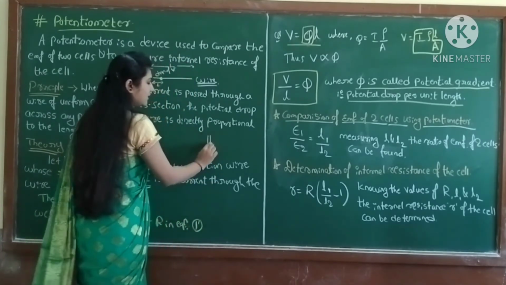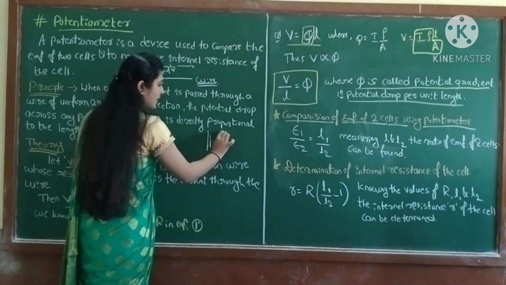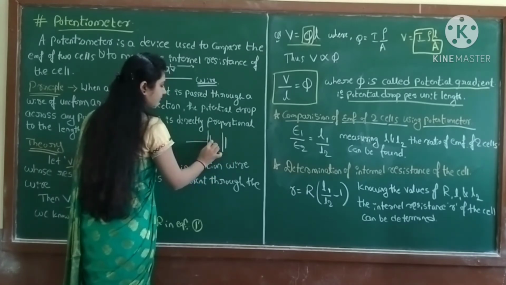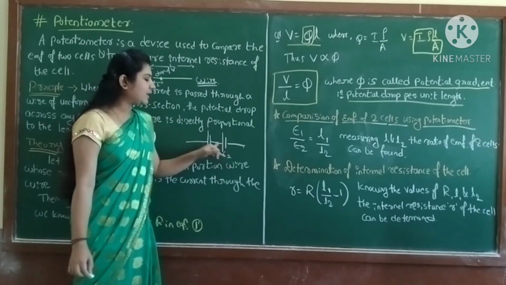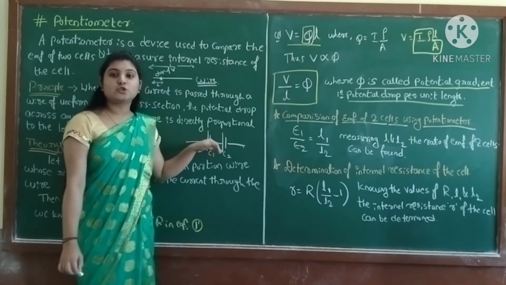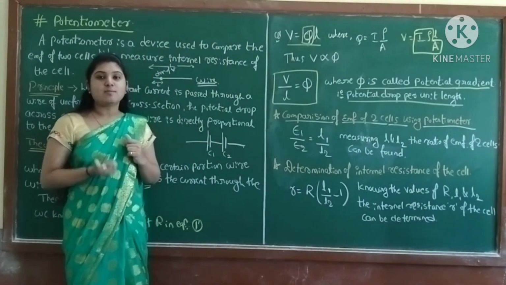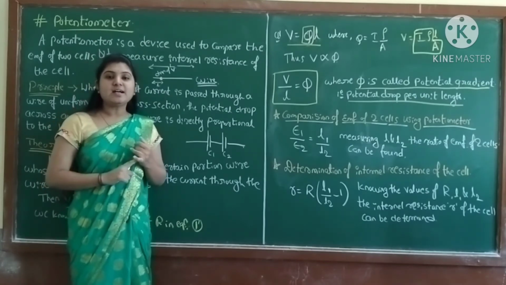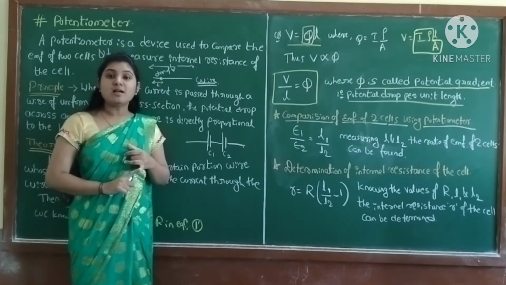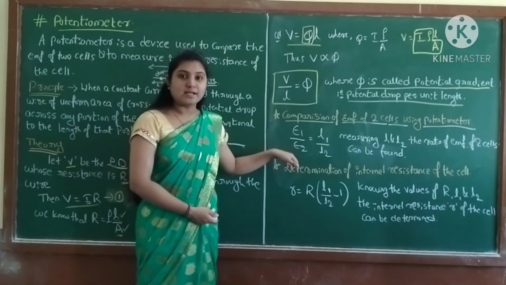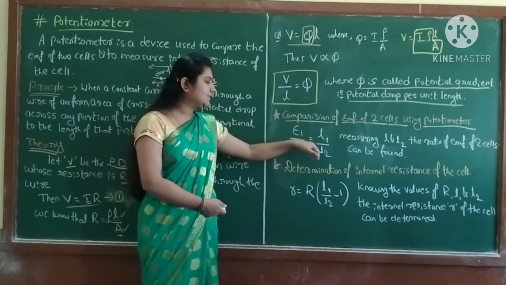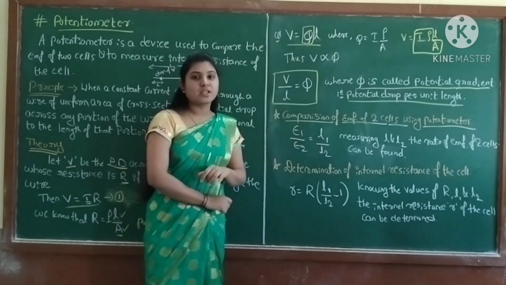See, here one cell is present and here one cell is present. So, cell 1, cell 2. I am comparing the EMF of these two cells by using the potentiometer. It is one experiment for you in the practical. So, we get the formula here: E1 by E2 is equal to L1 by L2.